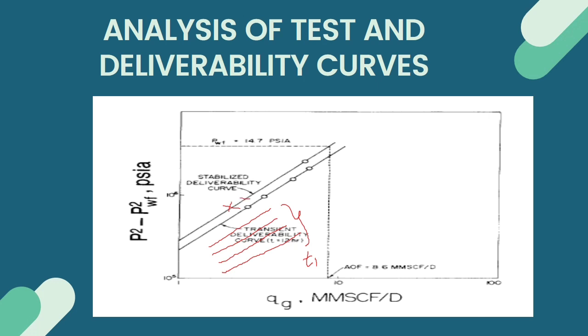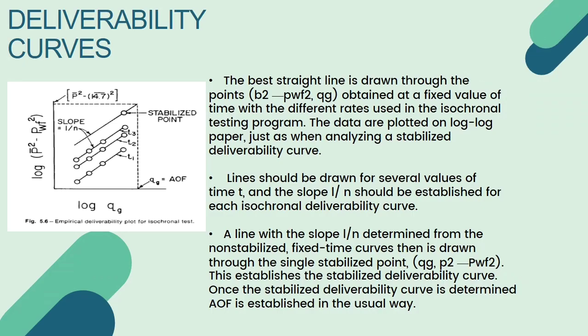This is the extended flow rate stabilized deliverability curve, and based on this curve we can calculate various parameters of our reservoir like average pressure, AOF, that is absolute open flow, etc. So here you can see the deliverability curve. It is a log-log plot.